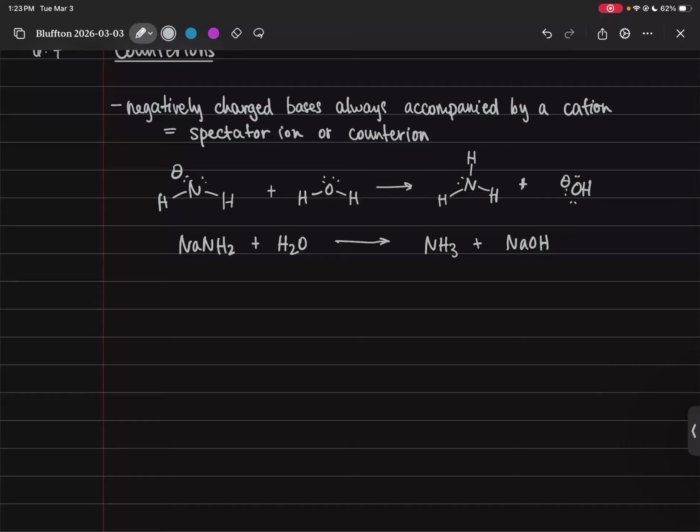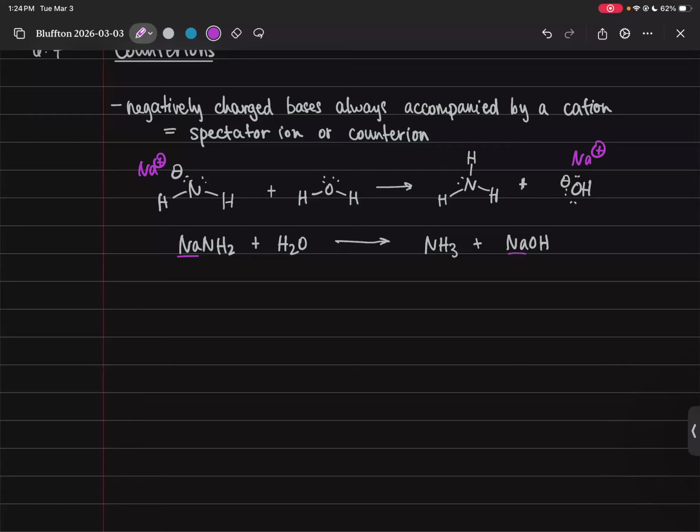So I think we can see what has been added here, right? We've added a sodium. And the sodium is associated with the anion on both sides of the equation. Okay. Pretty logical, I think. Just add sodium.